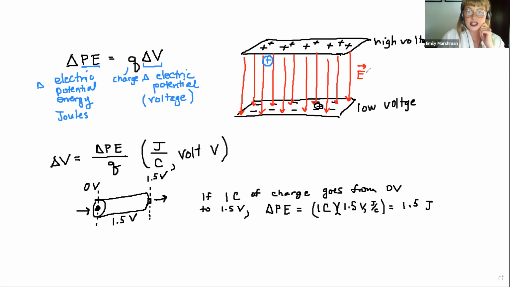And so what's the relationship between the electric field, the distance between these two plates, for example, and the voltage? Okay, so let's suppose I know what the electric field is between the plates, and let's suppose I know the distance between these two plates.